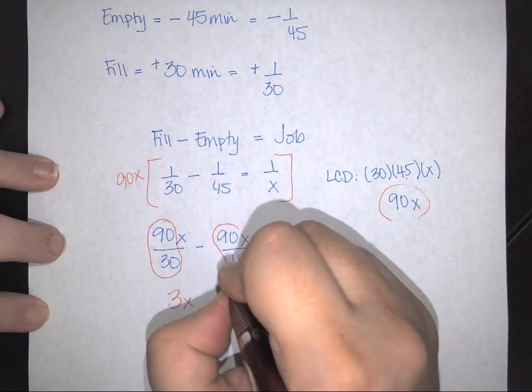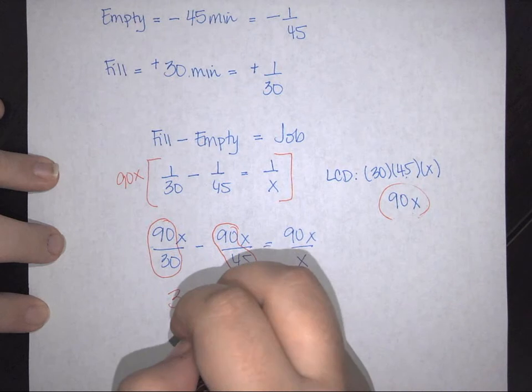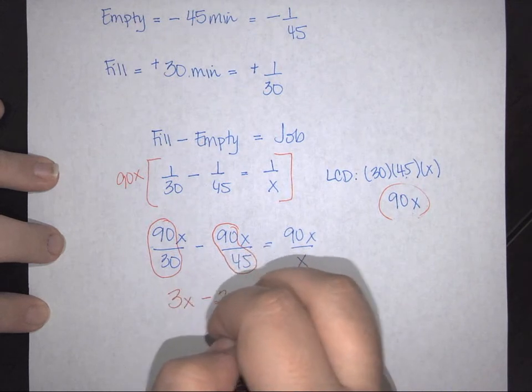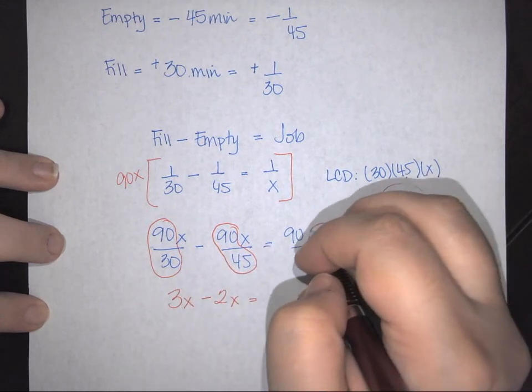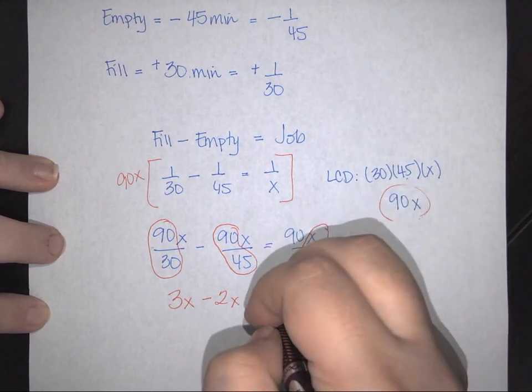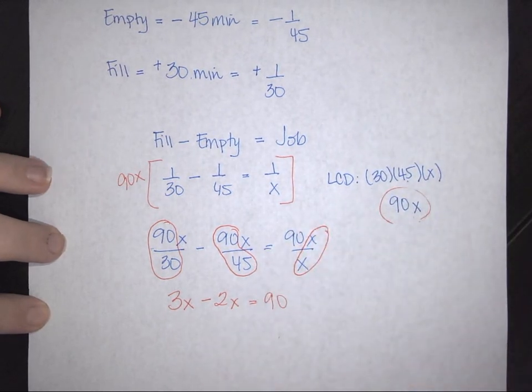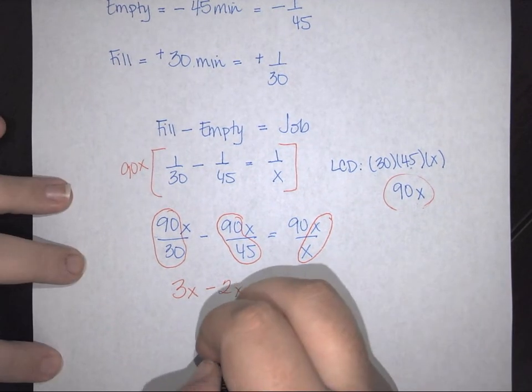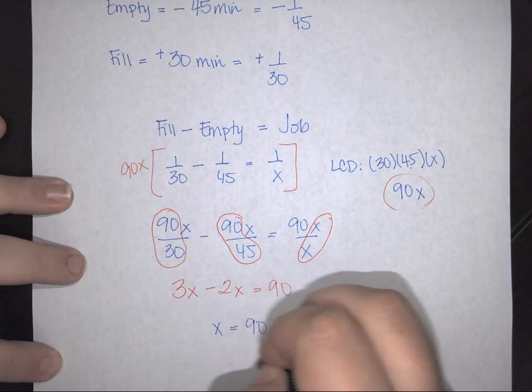If we look at 90 over 45, this is going to become a 2x. And then here we have 90x over x, which leaves us with just 90. When we combine these, you end up with getting that x equals 90 minutes.